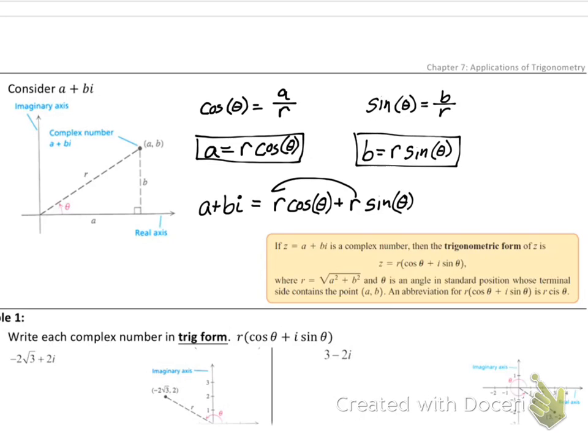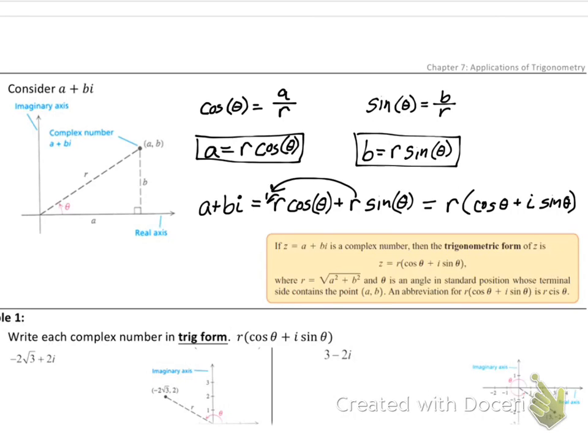We're going to factor out that R in front because it's in both of them. We're just going to rewrite this as R times the cosine of theta plus, I'm just going to move the I in front, I times the sine of theta. So A plus BI can be written as R times the cosine theta plus I times the sine of theta, which I also wrote down here.